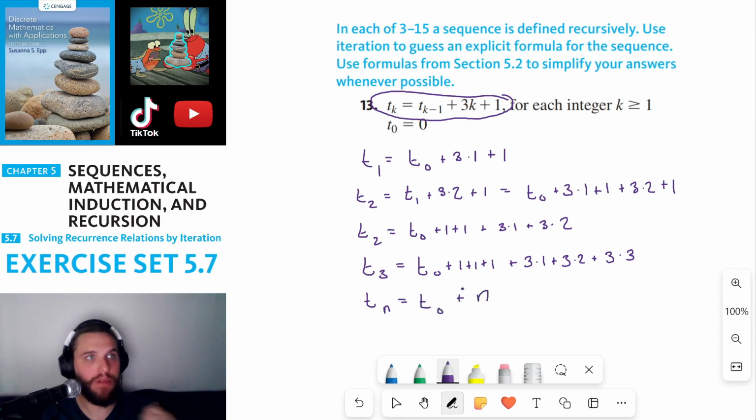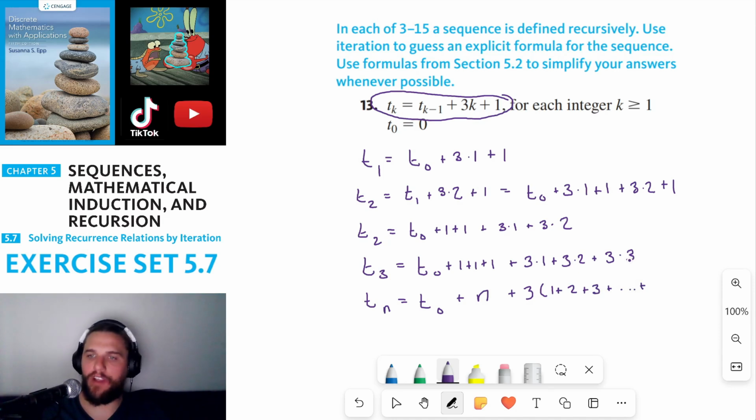That's the plus 1 plus 1 plus 1 n times. And then here we have a series. Each term here has a factor of 3, so we can rewrite this as 3 times 1 plus 2 plus 3 plus ... And it looks like the last term with a factor of 3 will be 3 times n, whatever the value of the index variable is.